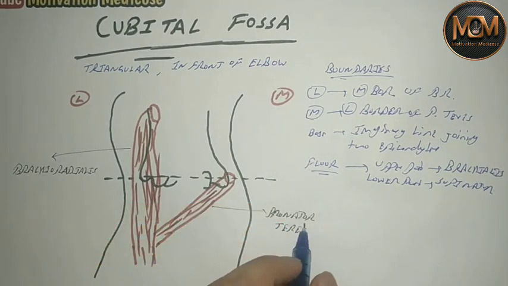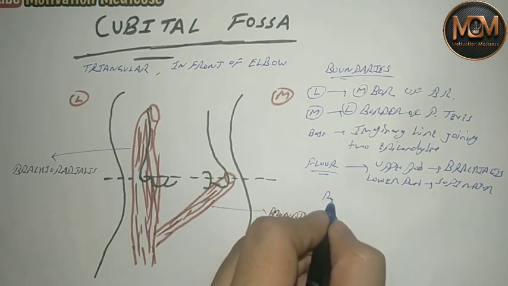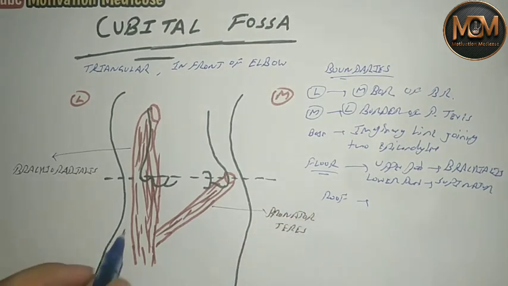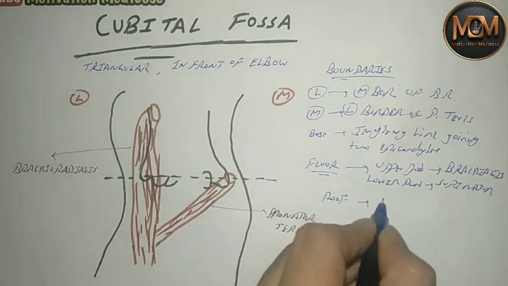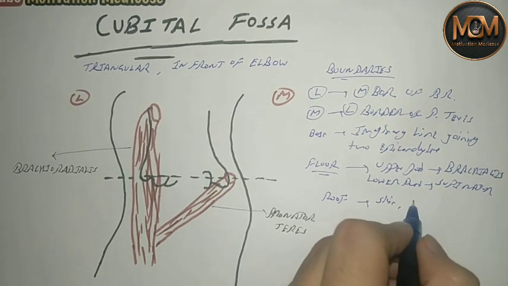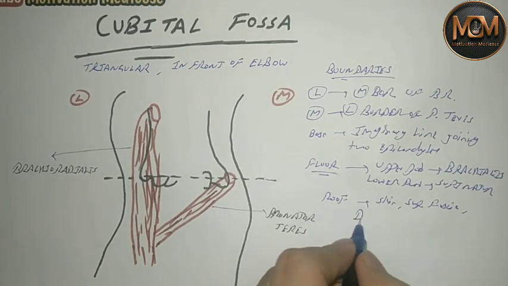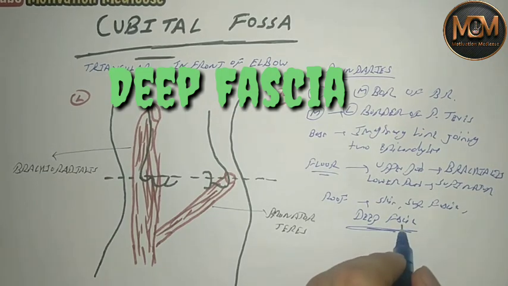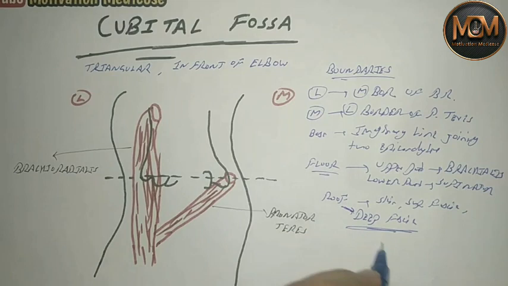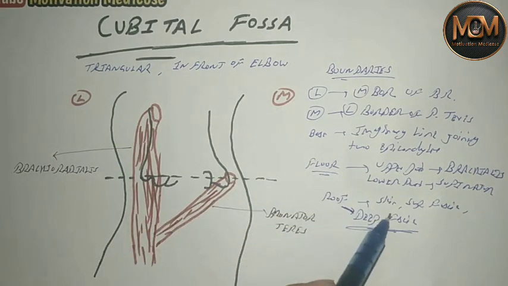And if we see the roof, in our upper limb first there is skin, then superficial fascia, and then deep fascia. Deep fascia mainly forms the roof of the cubital fossa. So these are all the boundaries, which you can understand through a simple diagram.